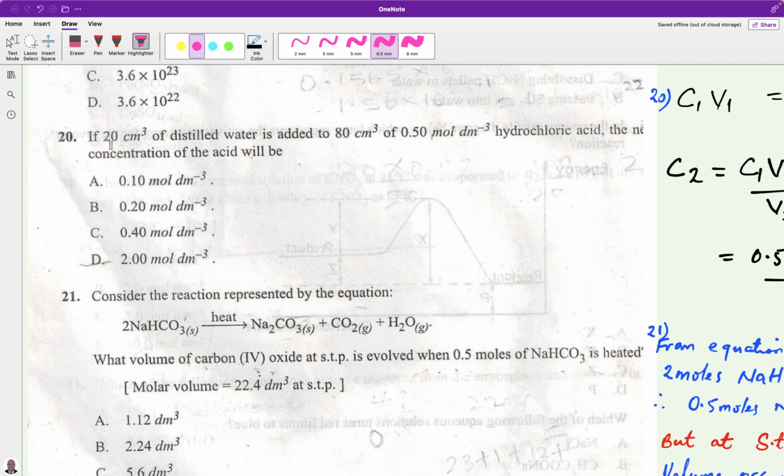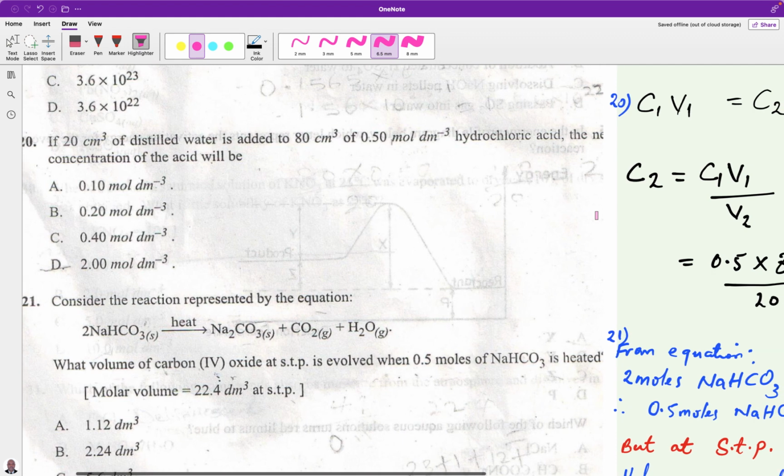We will then dilute it with distilled water of 20 cm³. That is the second volume. What will now be the second concentration? This is the initial concentration and the initial volume, then the final volume, and what will be our final concentration.